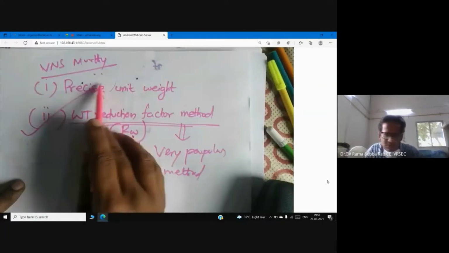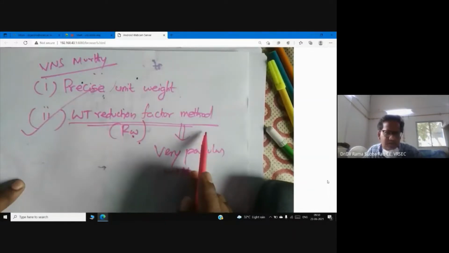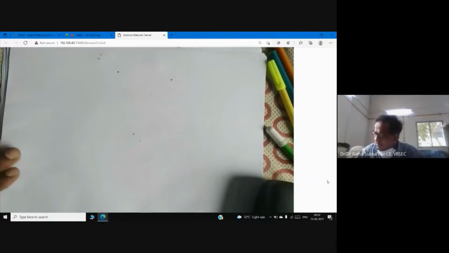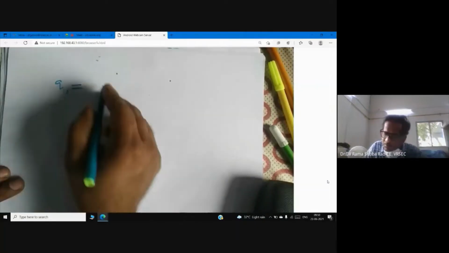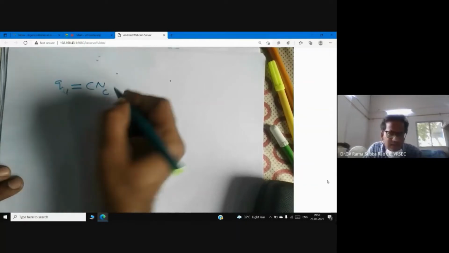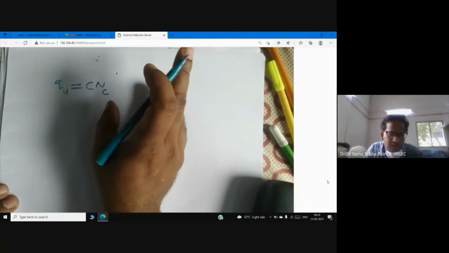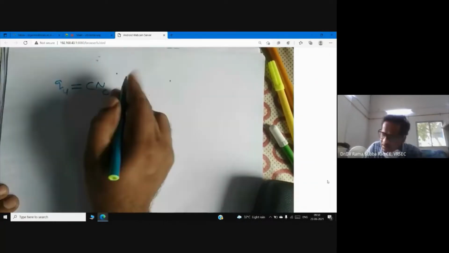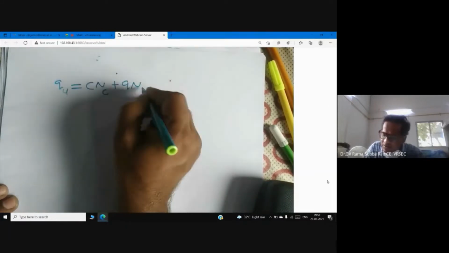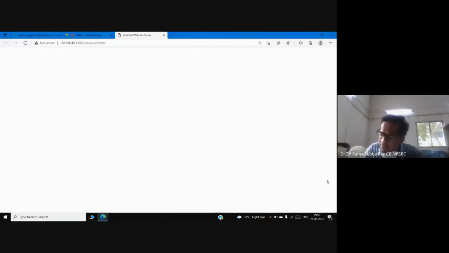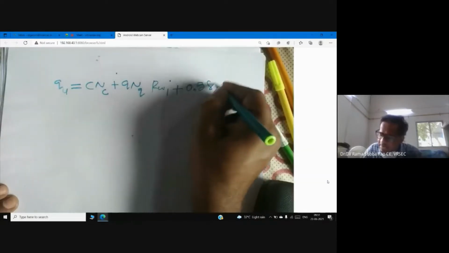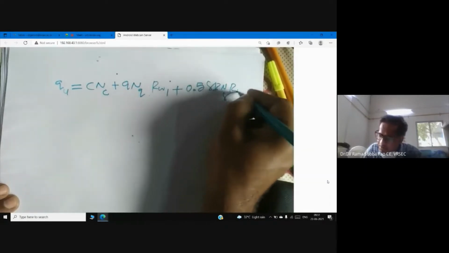So now, the precise unit weight and water table reduction factor methods. Let us proceed. So qu is equal to cNc. We take the foundation to be a stiff footing. qu = cNc + qNq RW1 + 0.5 gamma B N gamma RW2.